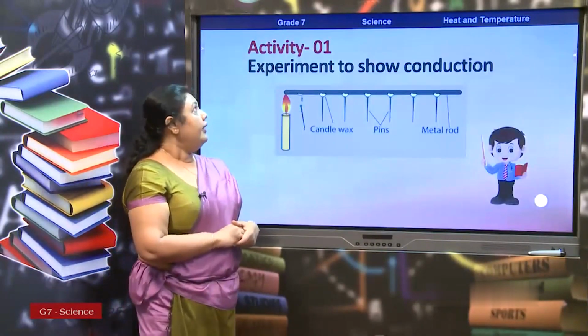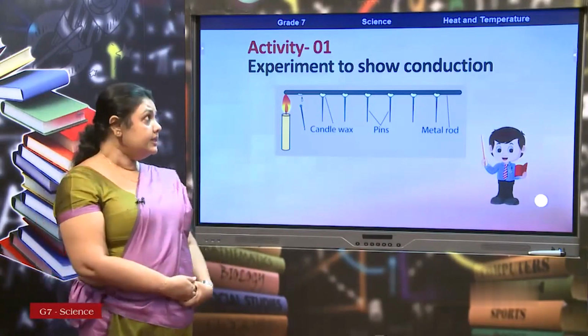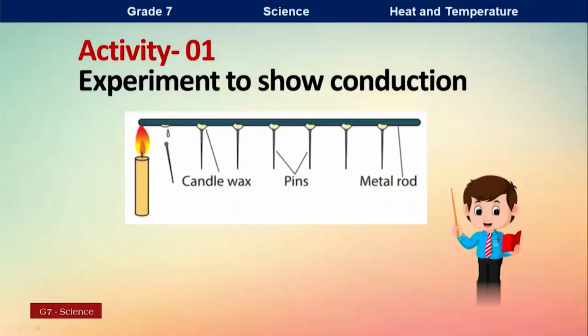Right. Okay. We will come to this activity now. This is the activity you have to show how conduction happens there. Look at the diagram. You can see there is a candle there. Then you can see a metal rod. Now, do you know what is a metal rod?